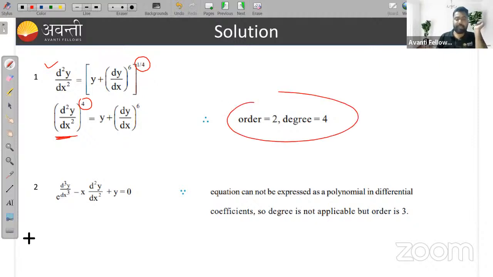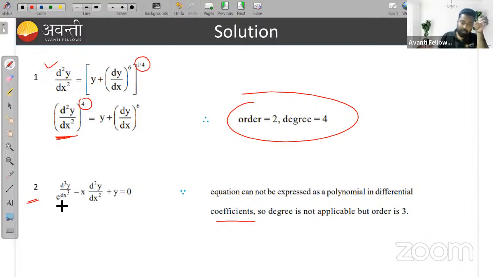In the second question, what is happening? e to the power d³y/dx³ minus x d²y/dx² plus y is equal to 0. This equation cannot be expressed as a polynomial in the differential coefficients. So degree is not applicable, but order is 3.